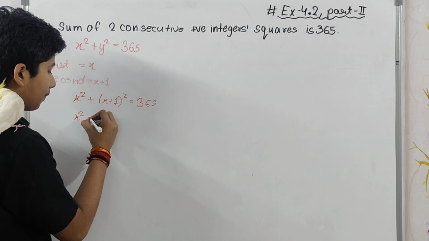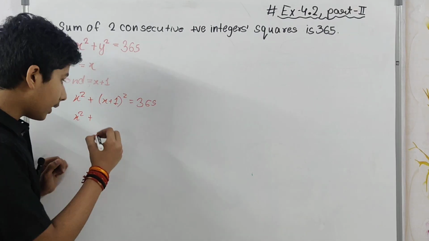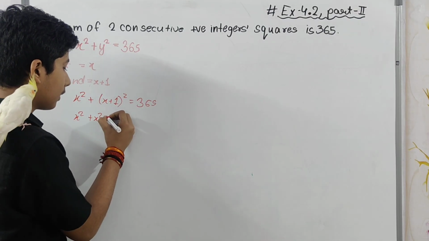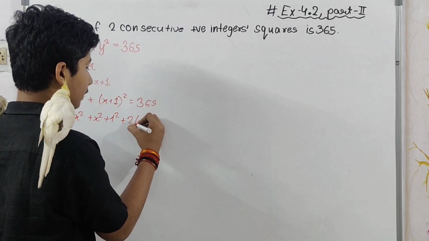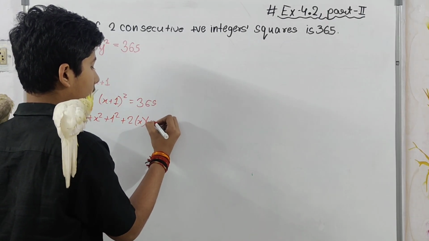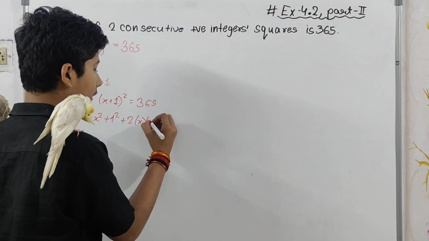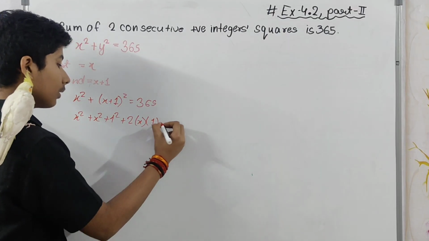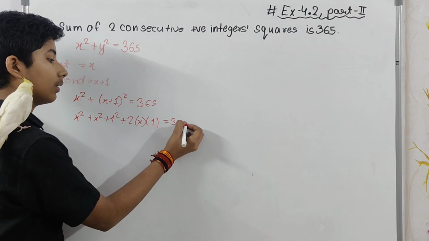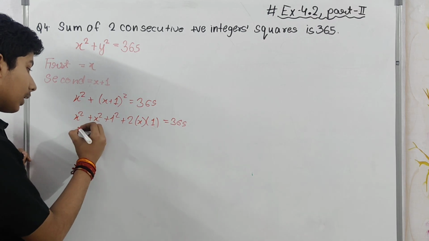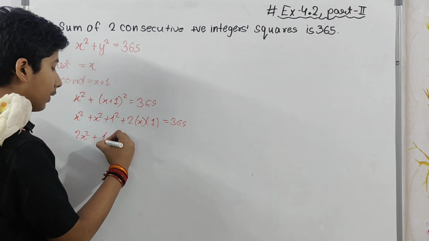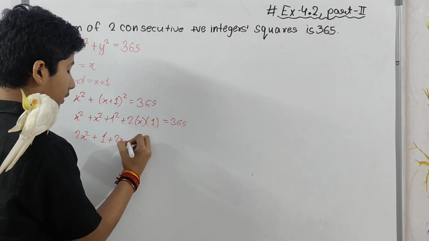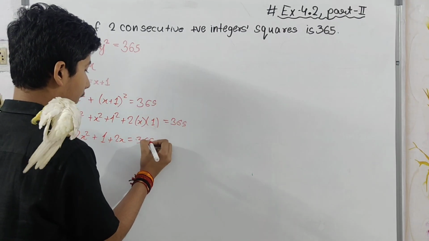So x plus y whole square is x square plus y square plus 2xy, and y is 1, which is 365. Okay, so 2x square plus 1 plus 2x equals 365.